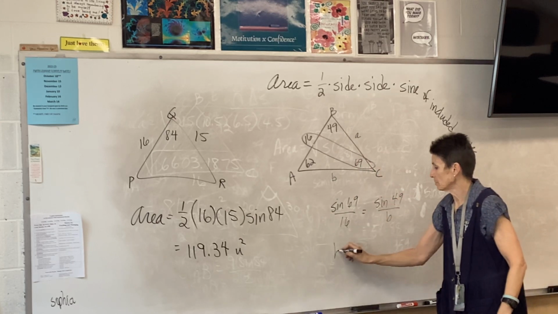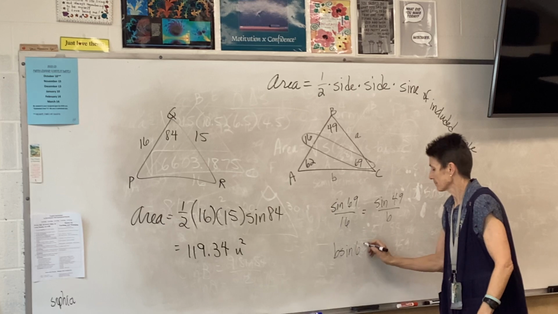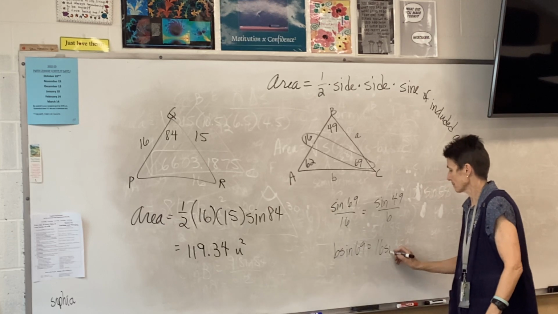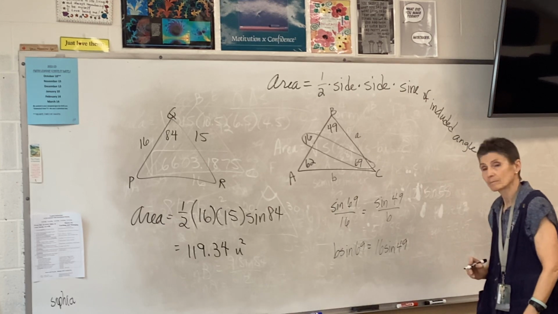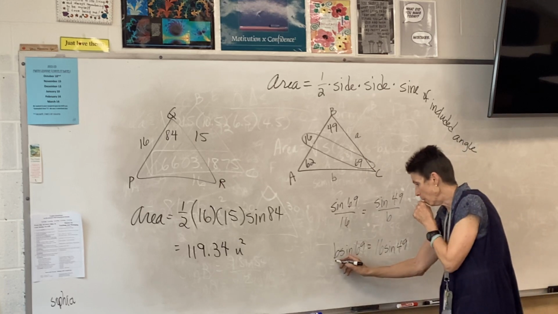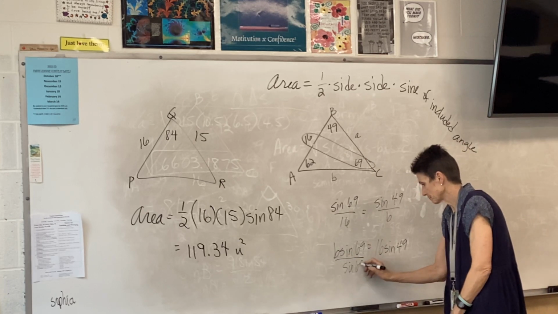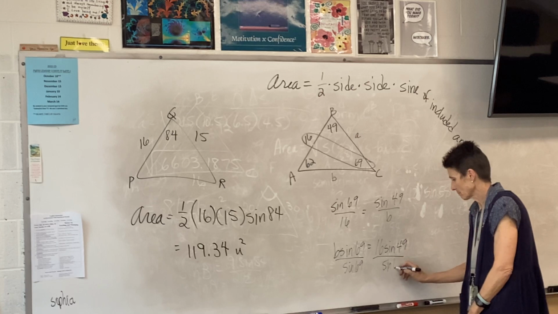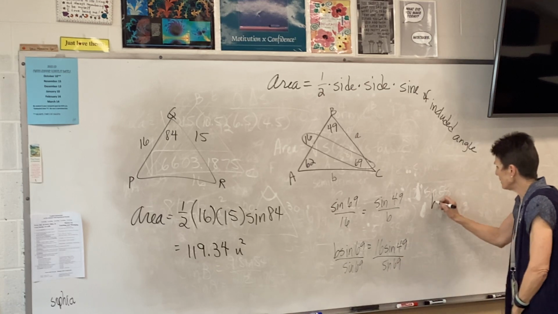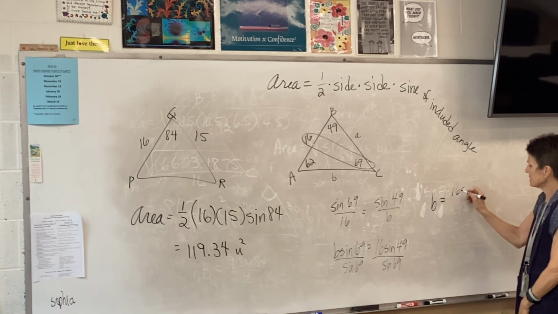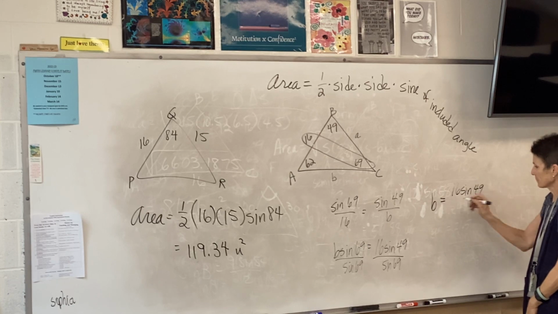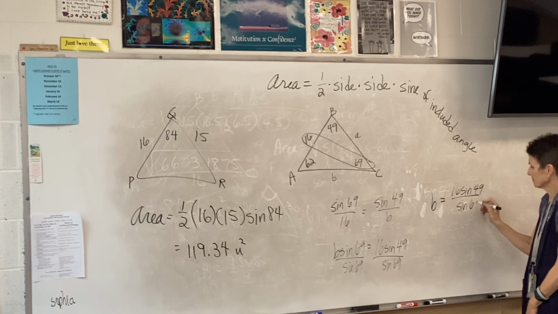So I'll cross multiply and divide. So B equals 16 sine 49 over sine 69.